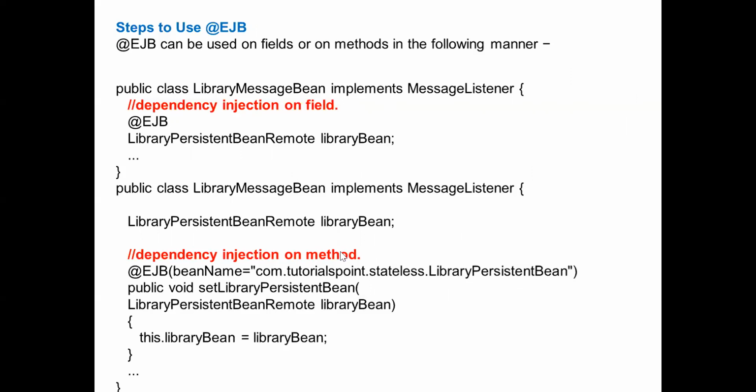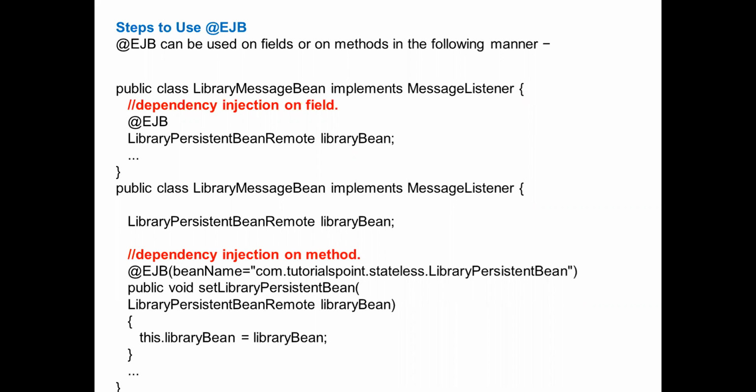This is an example of dependency injection on a field, and the second one is dependency injection on a method. These are the two ways to write the EJB source code using the @EJB reference: one for a field and another for a method.